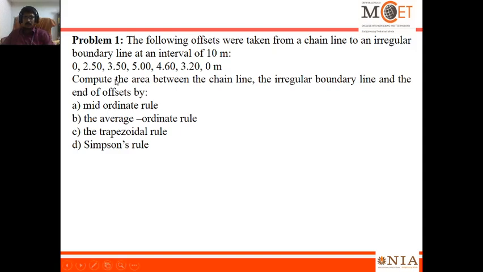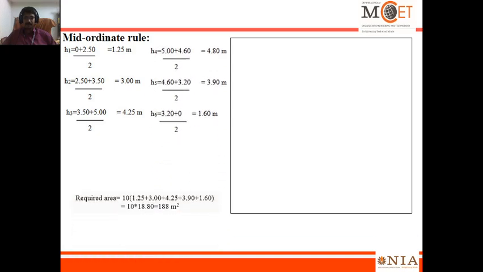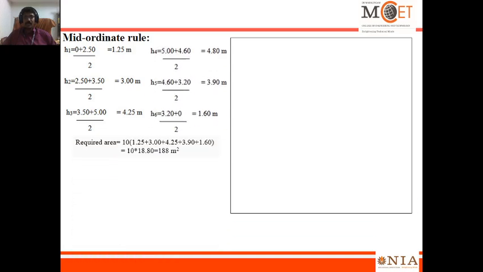There are 7 ordinates given, but the mid ordinates are 6, right? So the required area is equal to common distance times the summation of mid ordinates, which gives the area as 188 meters square, right?